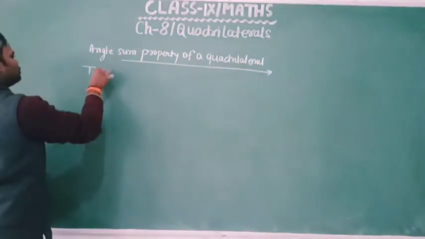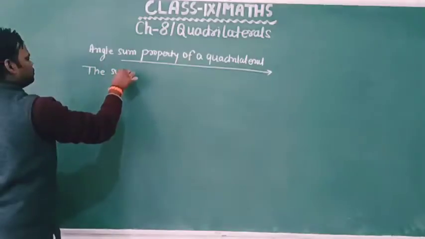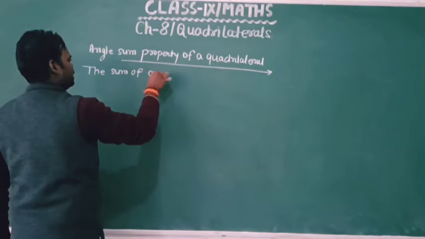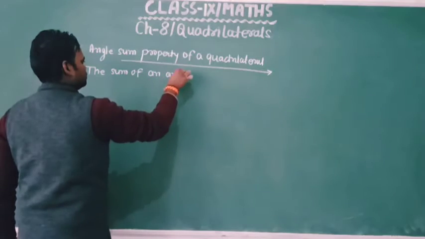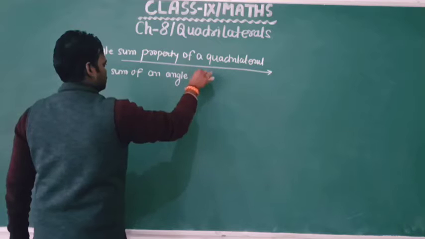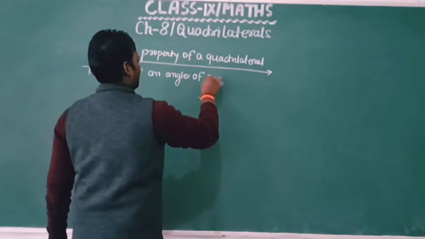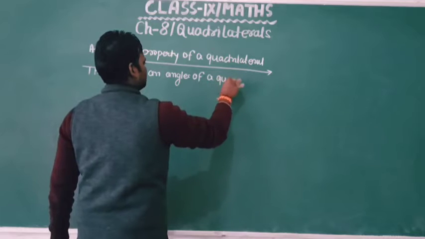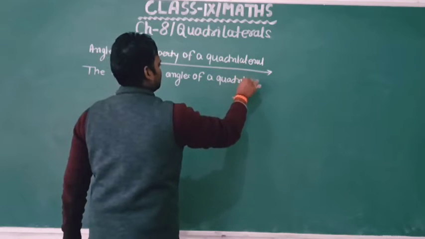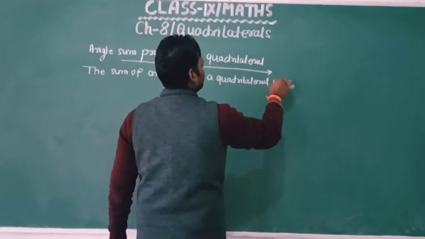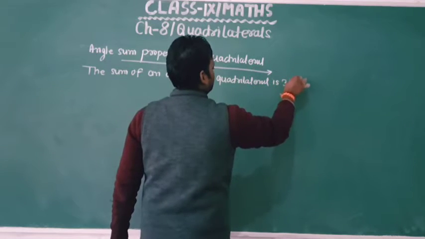The sum of the angles of a quadrilateral is 360 degrees.